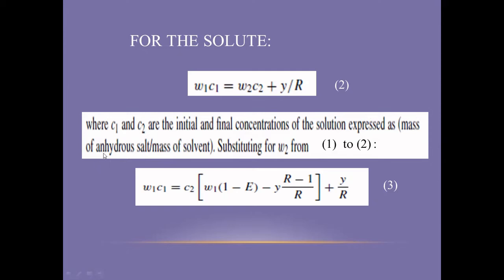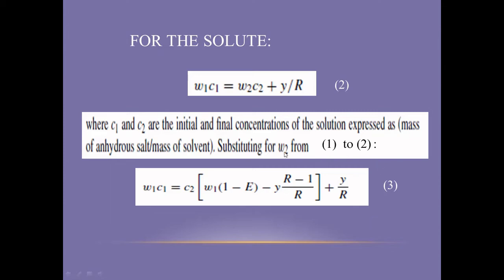Mass of the solid without the water, so mass of anhydrous salt over mass of solvent only. So meaning mass of solid over mass of solvent. Now, if we work our way through with equation 1 and 2, substituting W2 from equation 1 to this equation, we will have this particular third equation.